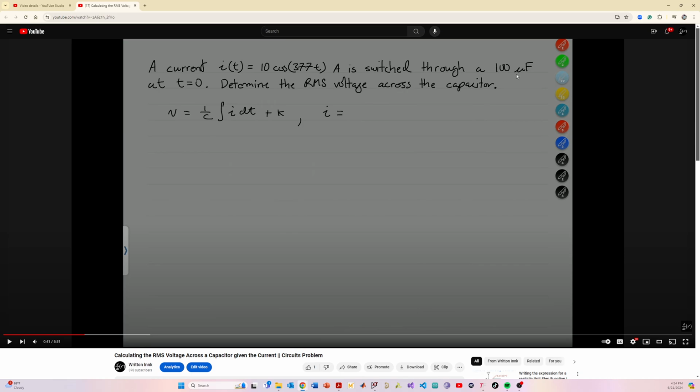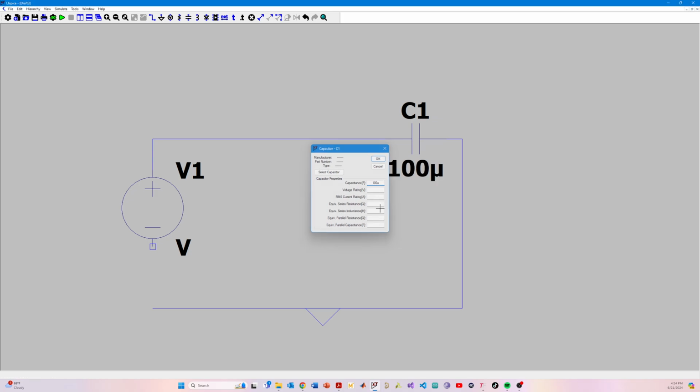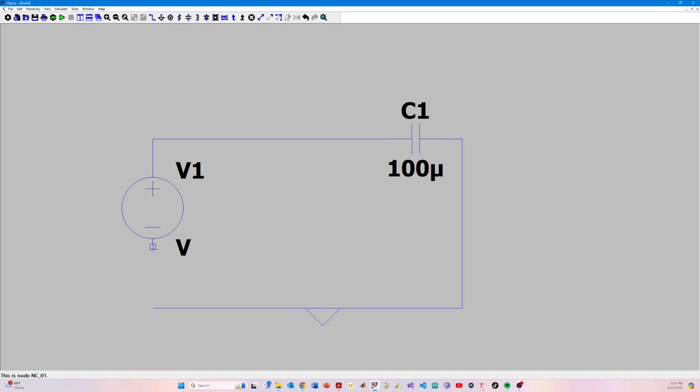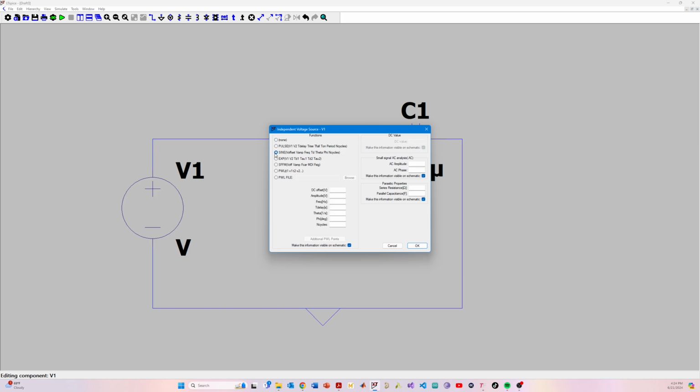Let's go back. So we have 100 microfarads for our capacitance. Where's my U? There's my U. And then for our voltage source, going to advanced, choose, as you can see, sine.